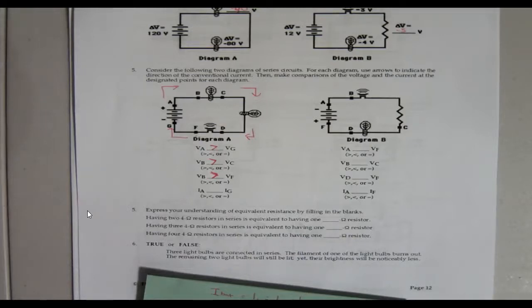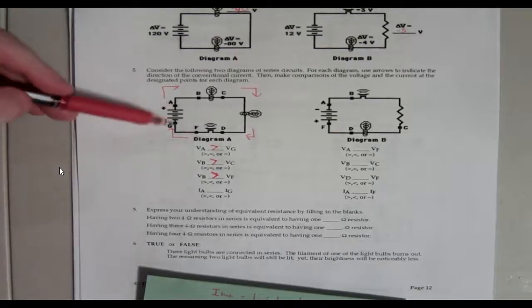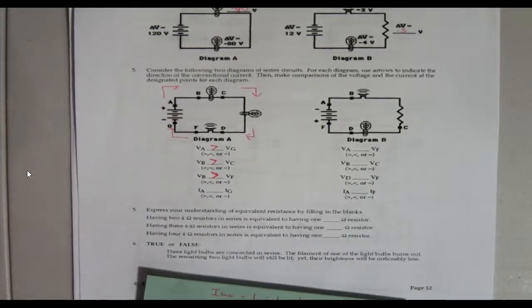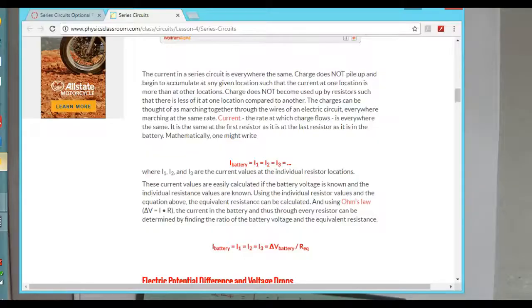So let's talk about the rule for current. So right now it's saying, the current of A is what to the current of G? So there's A, there's G, right? So let's go back to our reading material online. And we see that the current of the battery is equal to the current of 1, which is equal to the current of 2, which is equal to the current of 3, and so on and so forth.